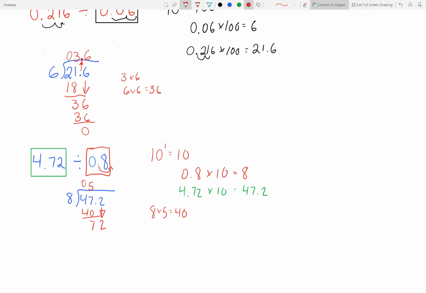How many times does 8 go into 72? 8 times 9 is equal to 72. So I place a 9 up here. 72 take away 72 is 0. And then I have to remember to move the decimal into my answer. So my answer becomes 5 and 9/10.